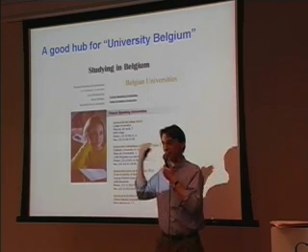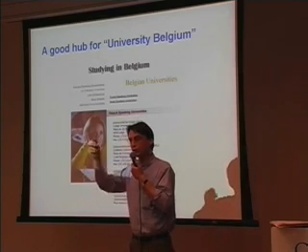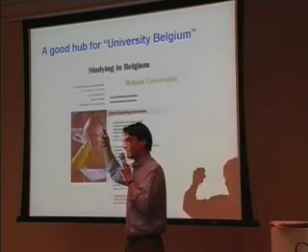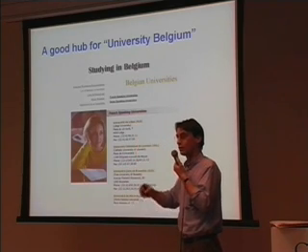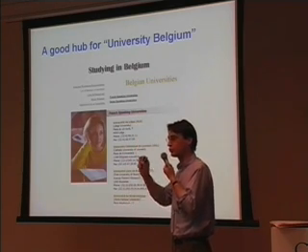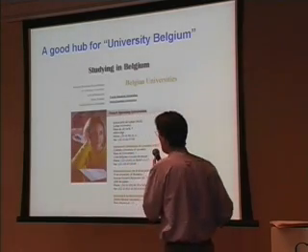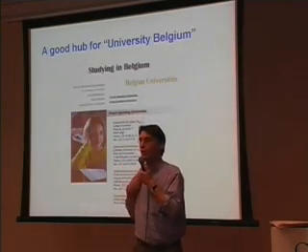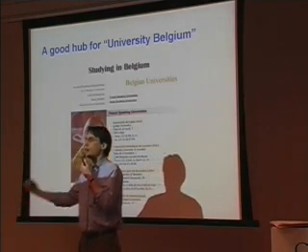So the idea of Kleinberg was simply to assign to every page a hub score and an authority score. Every page has two scores, not just one, not just a PageRank. Now, when are you a good hub? You are a good hub if you're pointing to good authorities. And when are you a good authority?